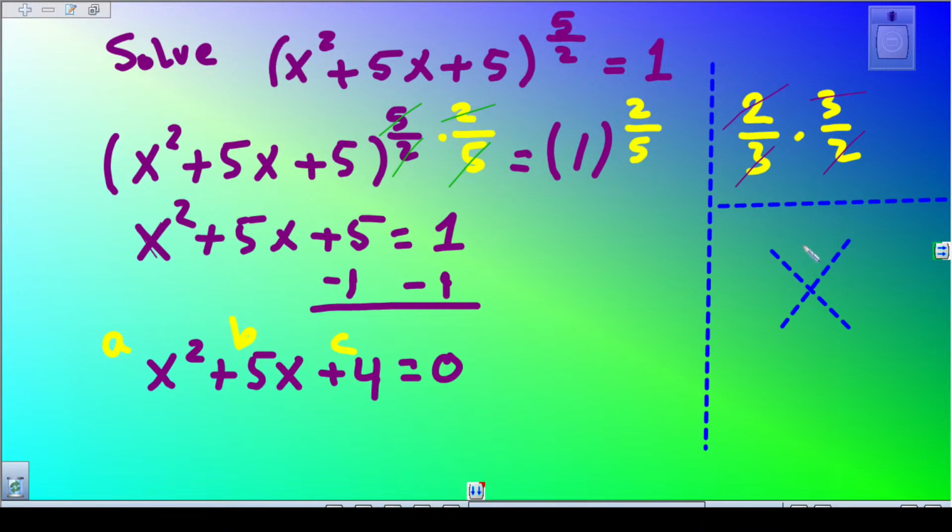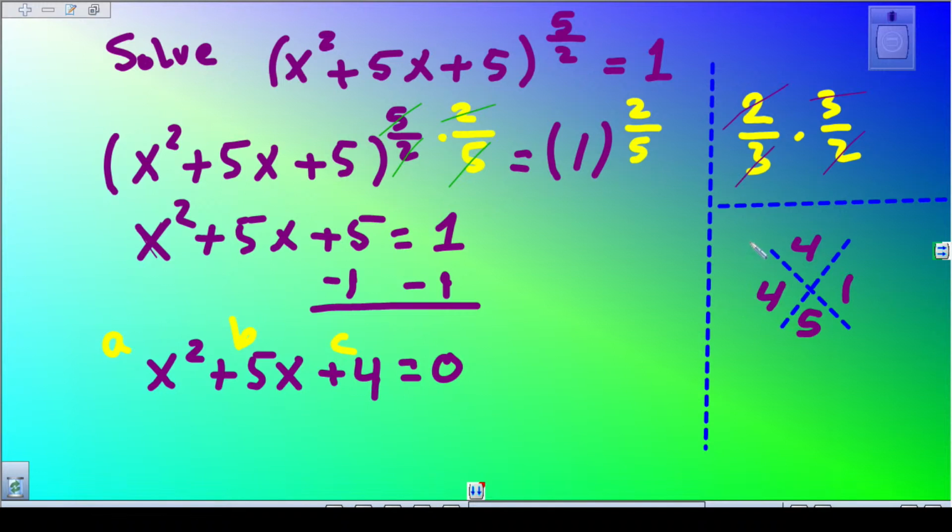At the top of the diamond goes A times C, just like the air conditioning at the top. So that's 4. And at the bottom goes the B, which is 5. Two numbers multiply give you 4, and add give you 5. Well, there's not too much choices here. You either could use 1 and 4, or 2 and 2? That's not going to work. So 1 and 4, or 4 and 1.